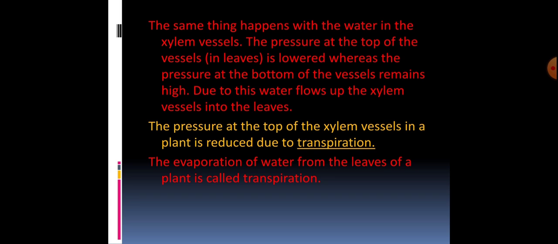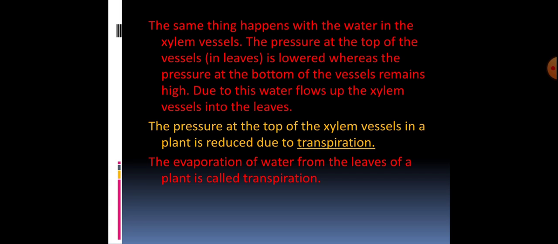When the roots of a plant absorb water, this water enters into the epidermis, then cortex, then endodermis, and then to the root xylem or root vessels. This I explained yesterday. Now what will happen, students? The pressure at the bottom is high and the pressure at the upper surface is low.